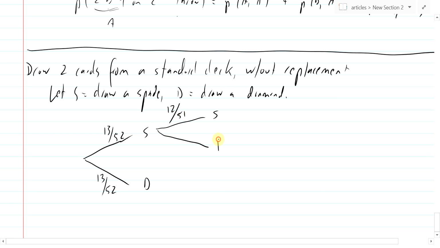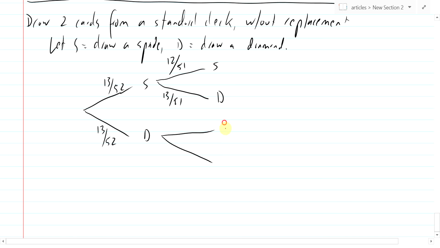But when we're looking at the probability of drawing a diamond, given that we've already drawn a spade, well, there's 13 diamonds and 51 cards left, so it's 13 over 51. Likewise, when we're talking about the probability of drawing a spade, given that we've already drawn a diamond, well, there's 13 spades left, but only 51 cards. And likewise, the probability of drawing a diamond, given that we've already drawn a diamond, is 12 over 51.